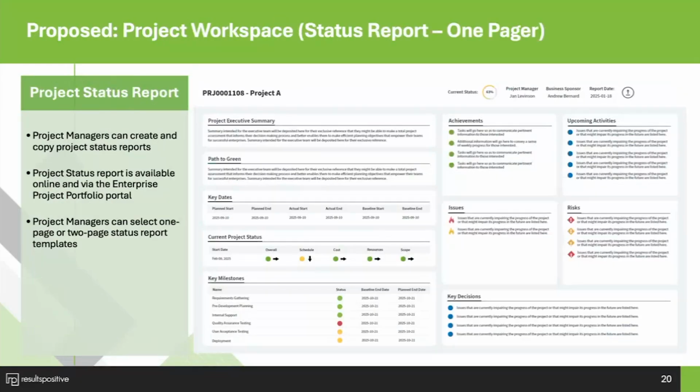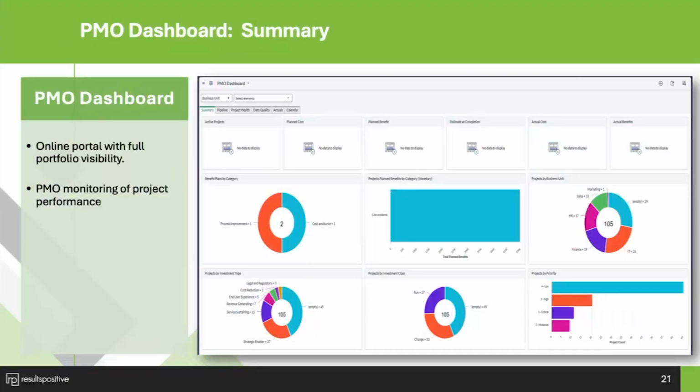Here's an example then. When you're on that portal, you can click on it, and from there it would take you into the status report. So we can see here an overall status report, similar to what we were showing before. The PMO dashboard, this isn't the best example because I don't have a lot of good data here, but this is a really good solution, especially with the roll-up, roll-down capabilities, even from a business unit perspective.